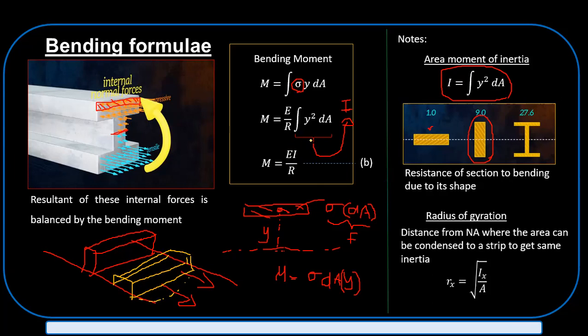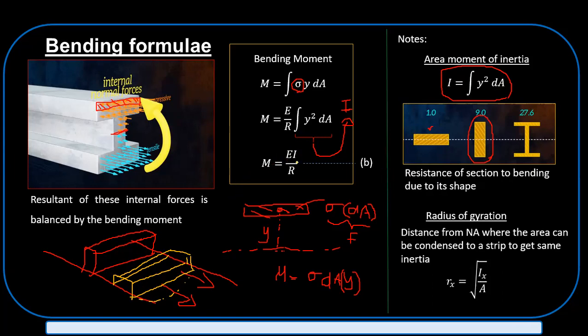If your I is low, it has less resistance to bending, so it bends more.